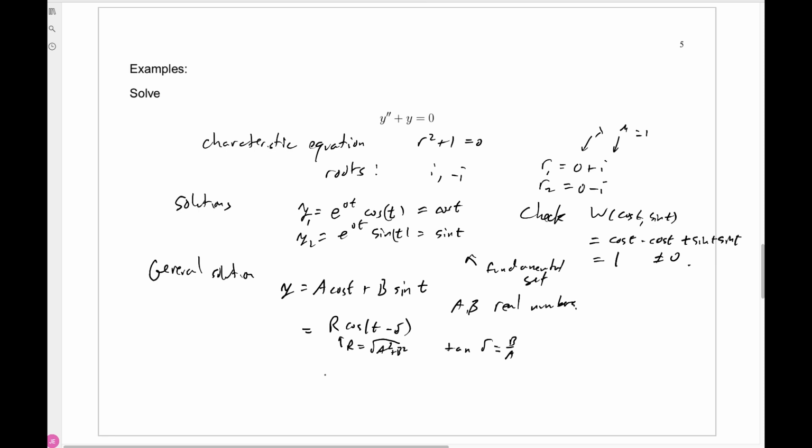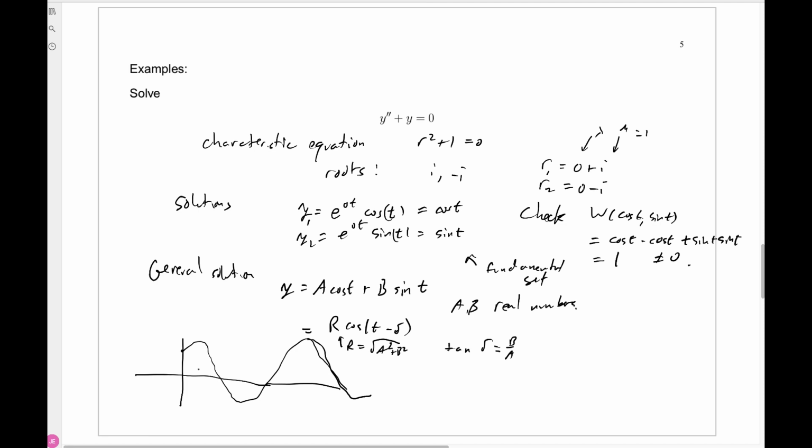So when you use those values for r and delta, you can express this as just a single shifted sine wave, and that means that if you want to graph the solutions, all possible solutions for arbitrary a and b, you get an arbitrary positive number here for r, and it'll be just a shifted sine wave, so it doesn't have to start like a sine wave or start like a cosine wave. It might in general look something like this. And it can go back in time as well.